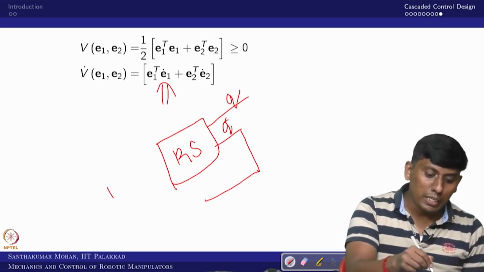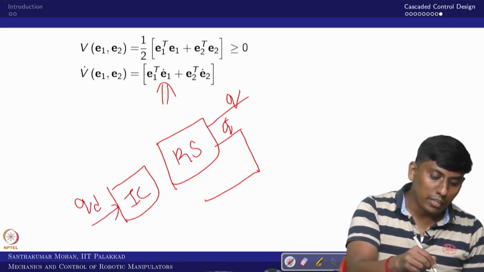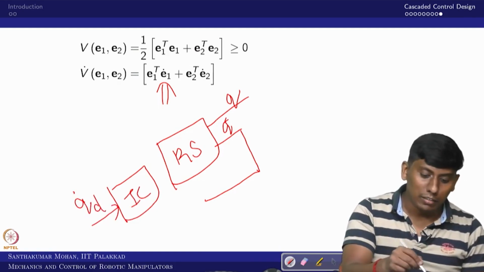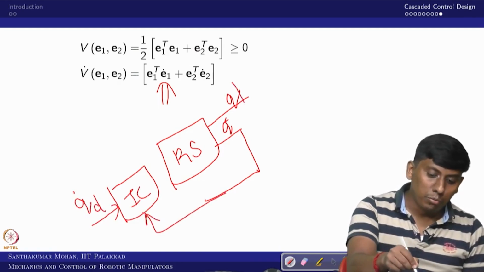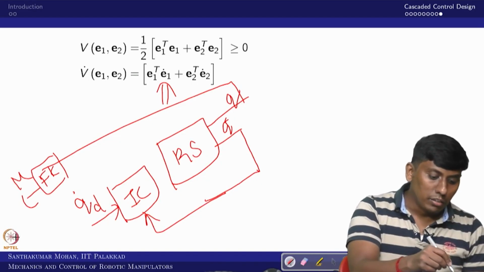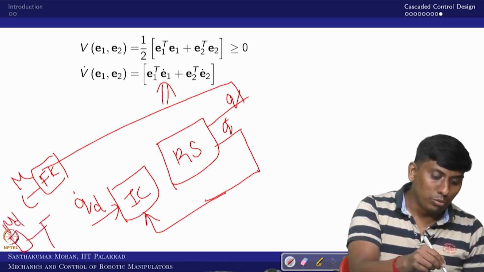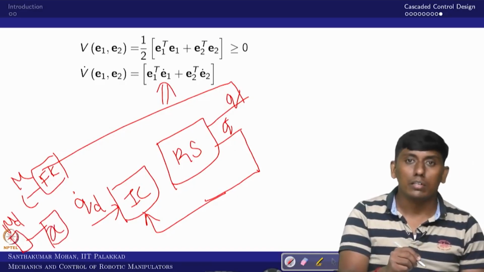This Q dot would be compensated with the inner control, where Q desired dot would be calculated. This would be calculated based on forward kinematics, and you have a mu, and you will take mu desired, compare, and take an outer loop control.